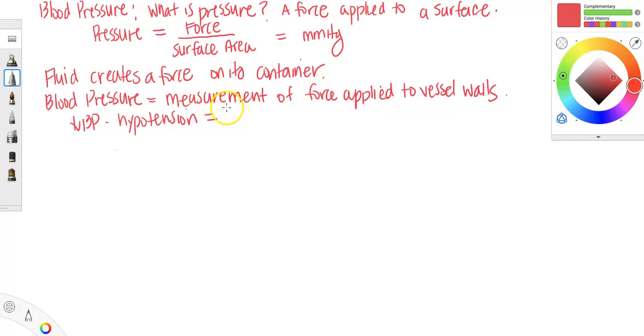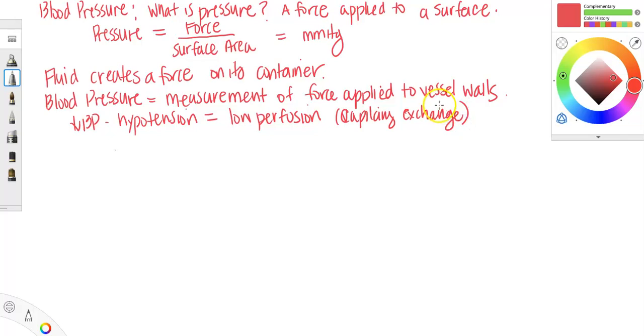With hypotension, you may end up with low perfusion. So that's basically the exchange of gases from blood to tissue, tissue to blood. I'll put that on here. Capillary exchange.